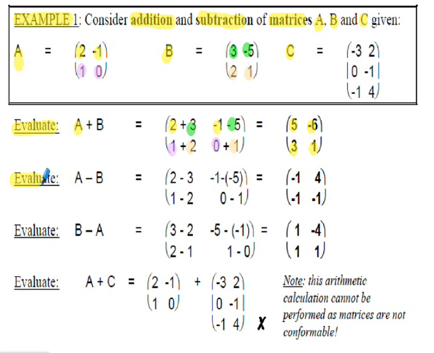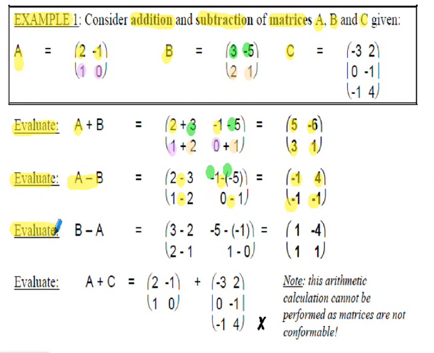If we're now asked to evaluate A minus B, it's essentially the same process, but this time we will be subtracting, not adding, the individual elements from the different matrices. Just be careful of double negatives that can occur with this kind of process. So evaluating matrix A minus B, we find the coefficients would be negative 1, 4, negative 1, negative 1 from the calculation shown.